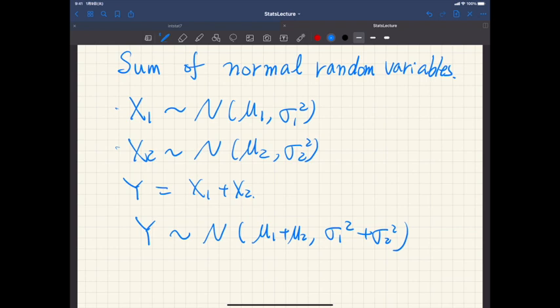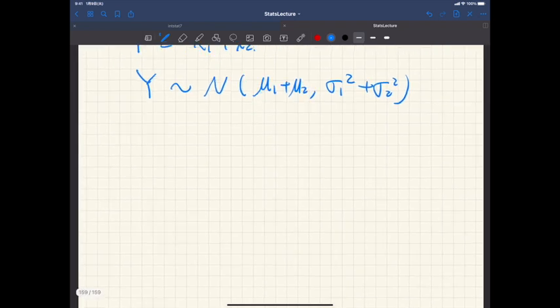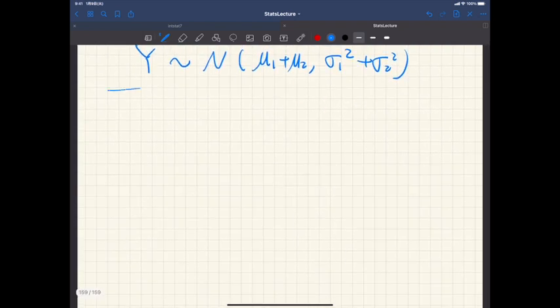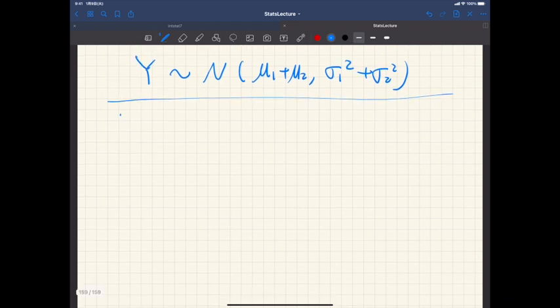Let's prove this by using the moment generating functions. Okay, so we have seen that the moment generating function of the normal distribution is given by this. Of course, let's write the definition for the sake of it. It's an expectation value of exponential of tx1 in this case.